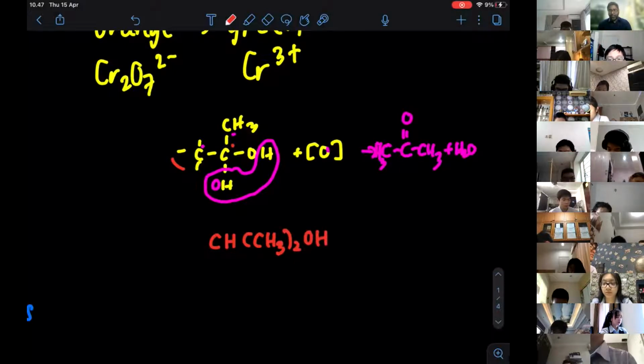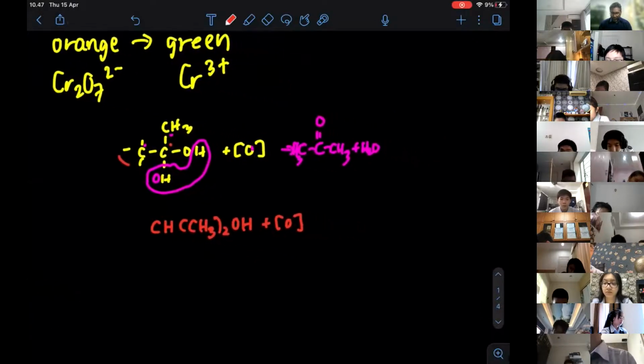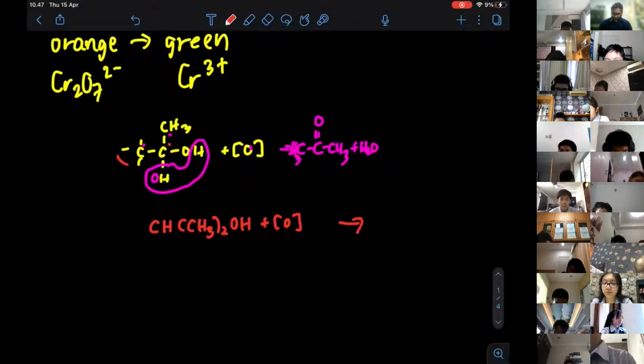So this is how I represent the secondary alcohol, and then plus O, because I only need one O, and it gave me water. So I just put plus water.